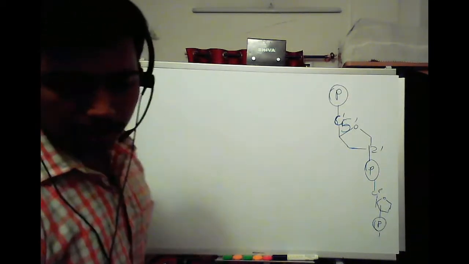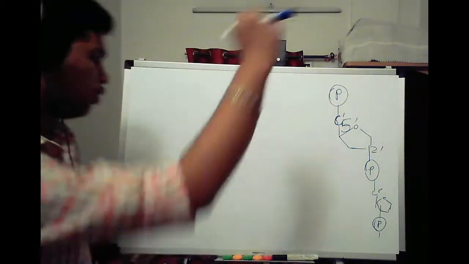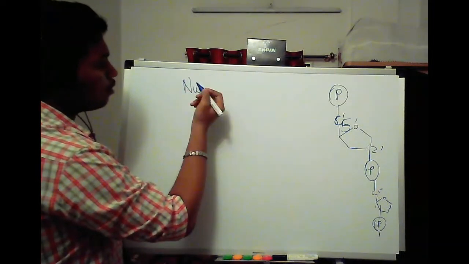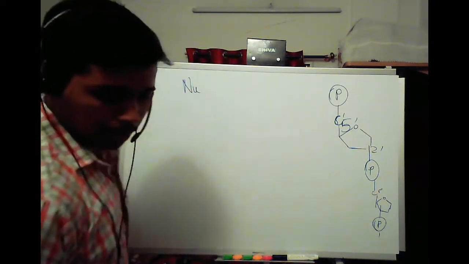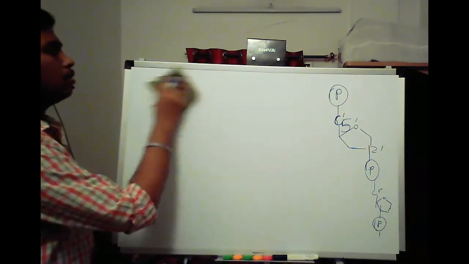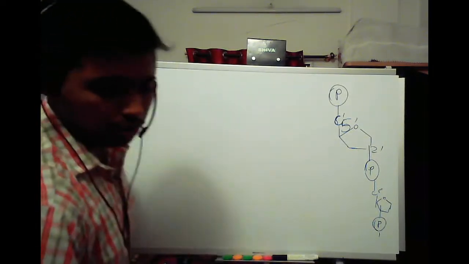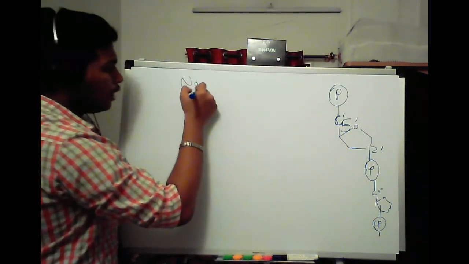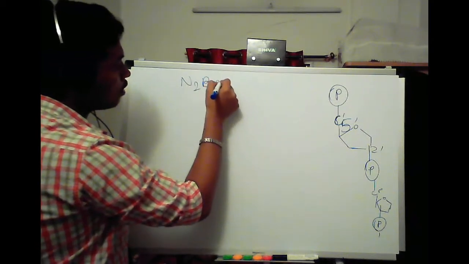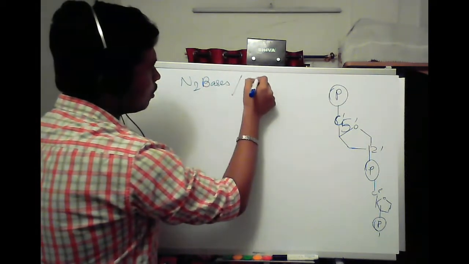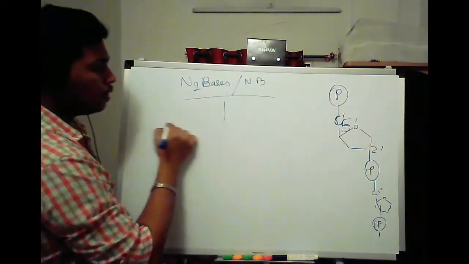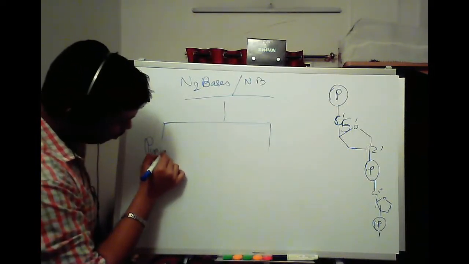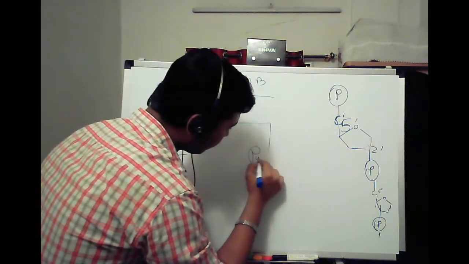Now, speaking of the nitrogenous bases. Okay, no, nitrogenous base, not nucleotide. My mistake, sorry. Nitrogenous base, or N2 base, or NB, you can also write. These are of two types: purine and pyrimidine.